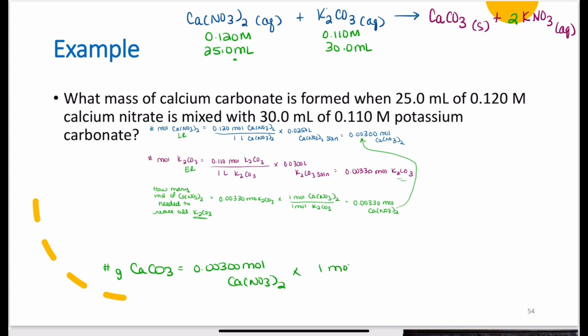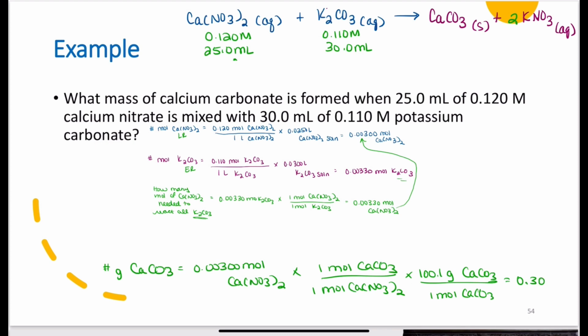I know that 1 mole of calcium carbonate is produced for every 1 mole calcium nitrate consumed. And I know the molar mass of calcium carbonate, because I added that up, is about 100.1 grams calcium carbonate to every 1 mole of calcium carbonate. And I will make 0.300 grams calcium carbonate.